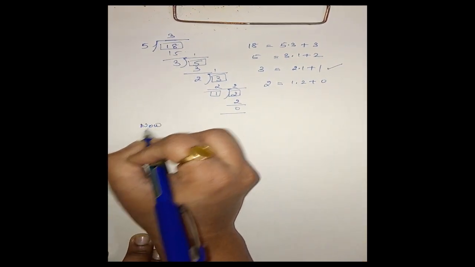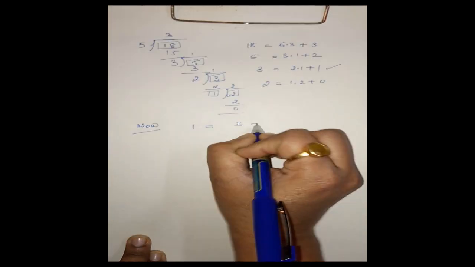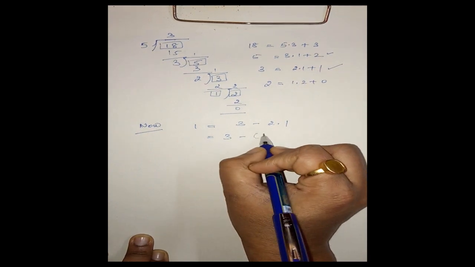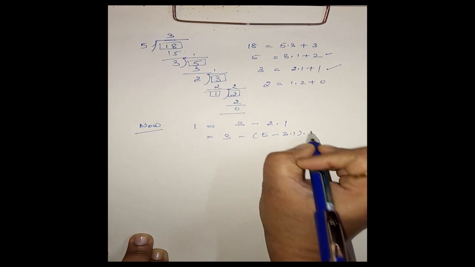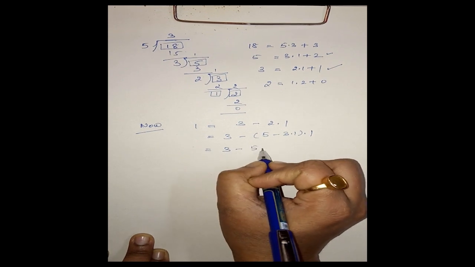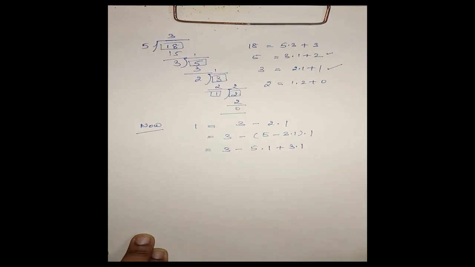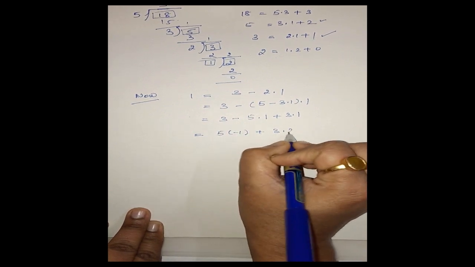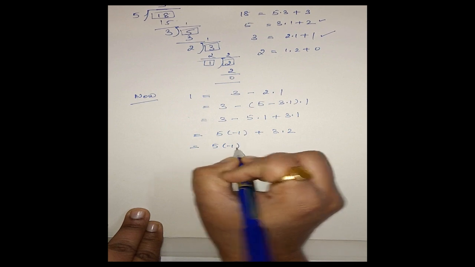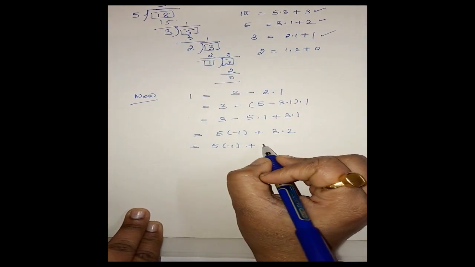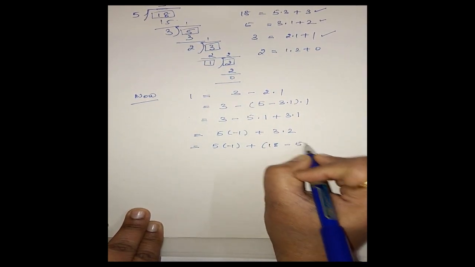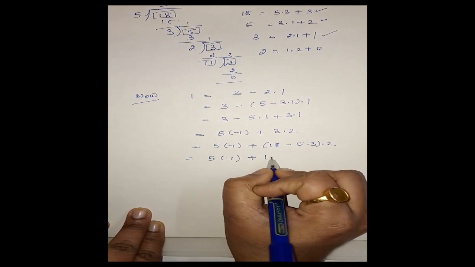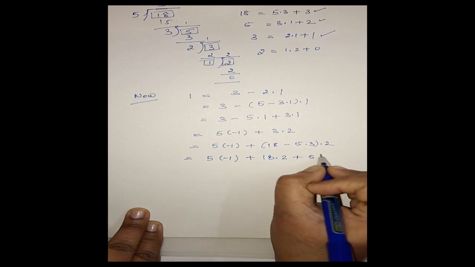Now 1 can be written as 3 minus 2 into 1. Then 3 minus this 2, which is 5 minus 3 into 1, into 1. That is 3 minus 5 into 1 plus 3 into 1. That is 5 into minus 1 plus 3 into 2. Now 3 is 18 minus 5 into 3, so that is 5 into minus 1 plus 18 into 2 plus 5 into minus 6.